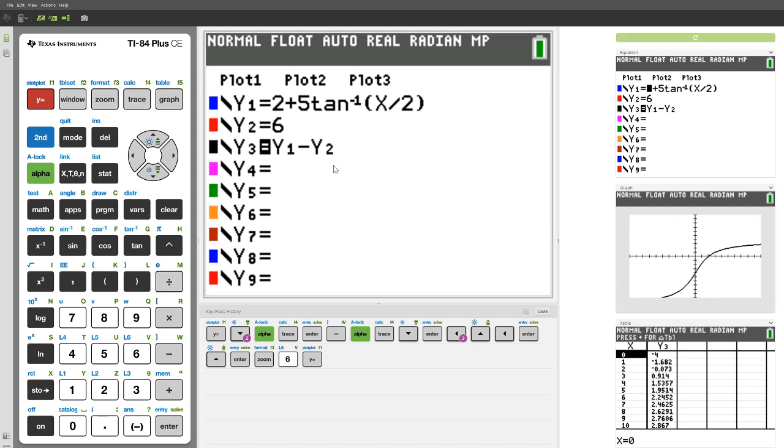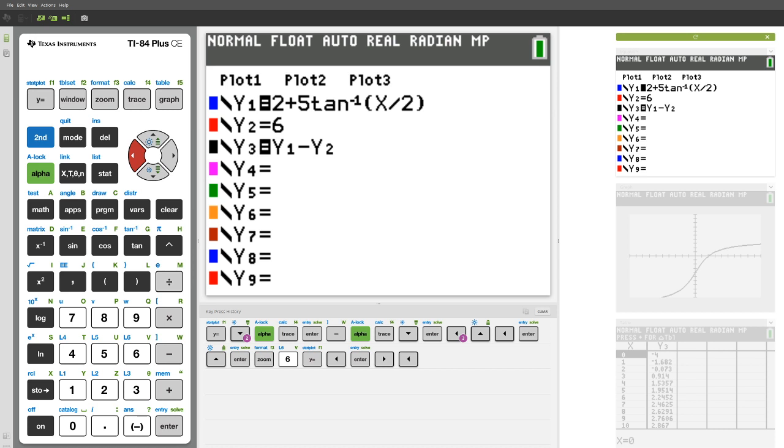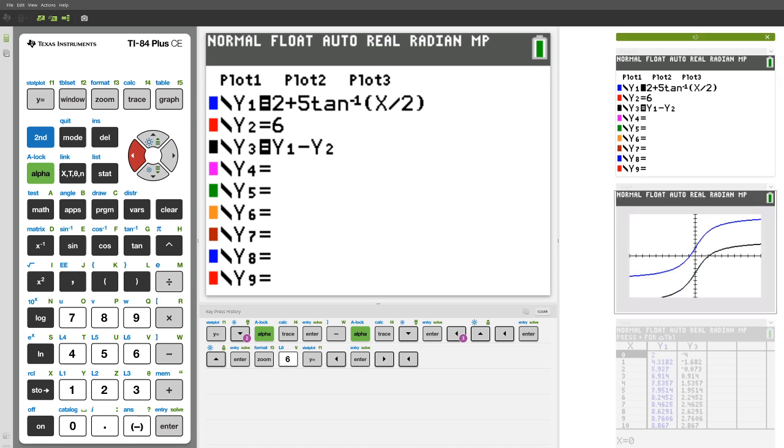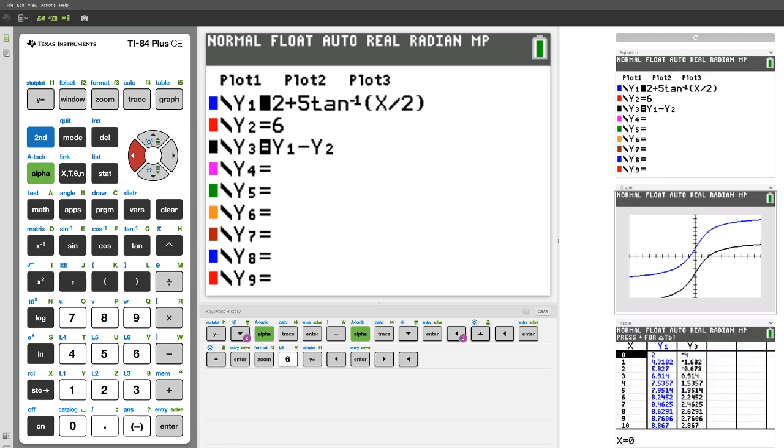The green or the red and the blue are not graphed, because if you look at them, I do not have the equal signs highlighted. All you have to do is highlight them, and then hit the enter button. If you notice, you can change if they're highlighted or not. So if it's highlighted, it'll show on your graph. So if I refresh my graph over here, you'll now see both the blue and the black graph.